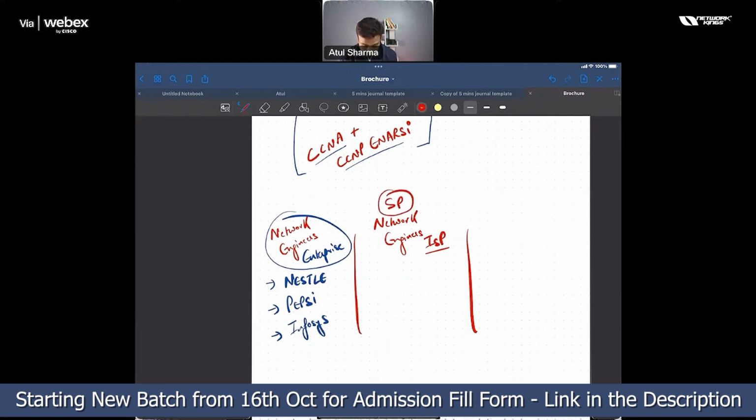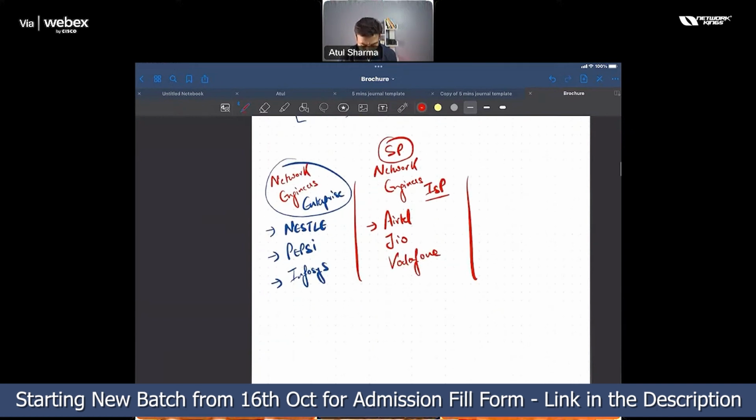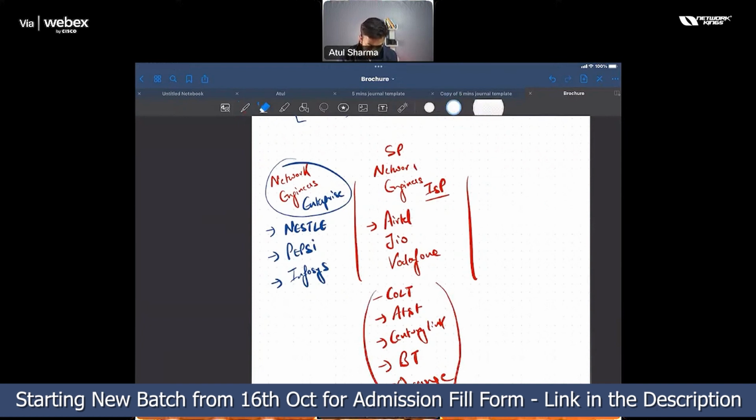The companies hiring are, in India, Airtel, Jio, Vodafone, and there are big international companies with offices in India, like Colt, AT&T, CenturyLink, British Telecom, Orange. These companies are looking for service provider network engineers, the guys who have good knowledge of OSPF, BGP, these kinds of things.